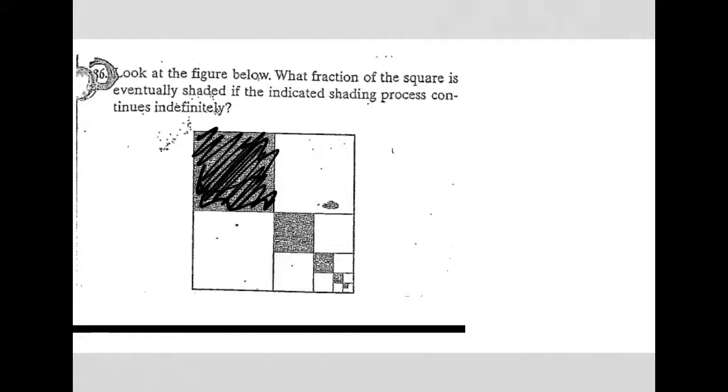So for example, that is A sub 1. And then this square right here would be A sub 2. And then this little tiny square right there would be A sub 3. And then this little tiny square, A sub 4, etc., forever.